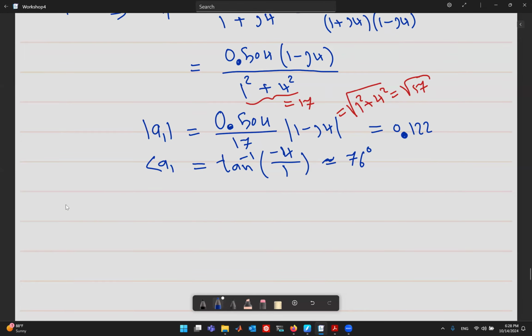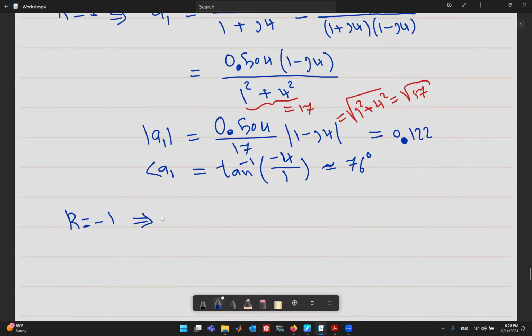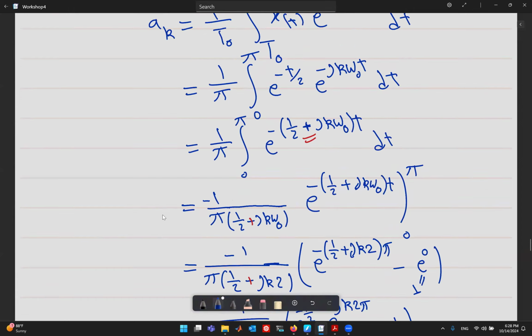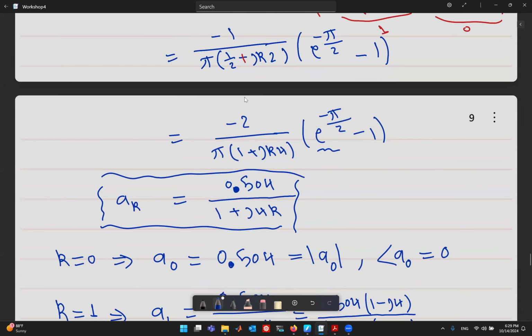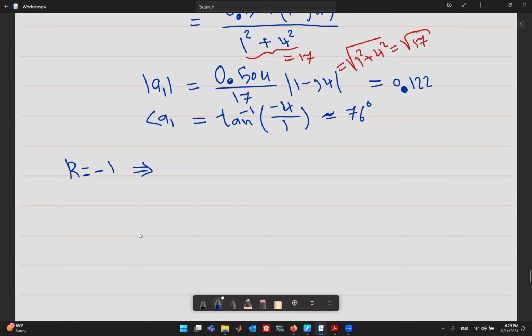I'll do it for just k equals -1, and we'll stop here. When k equals -1, there's a property: when x(t) is real, we know that the coefficients will have conjugate symmetry. Let me write it here.